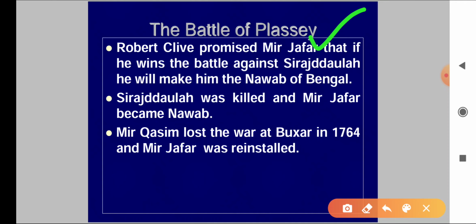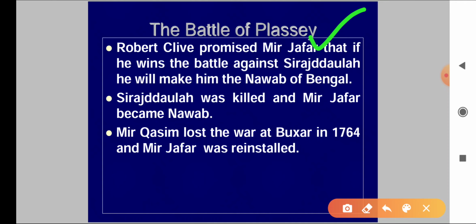Now Britishers demanded more and more money time and again from Mir Jafar, which he denied. He could not fulfill the demand of Robert Clive. Ultimately they changed him, and in place of him Mir Qasim was given the responsibility as Nawab of Bengal.